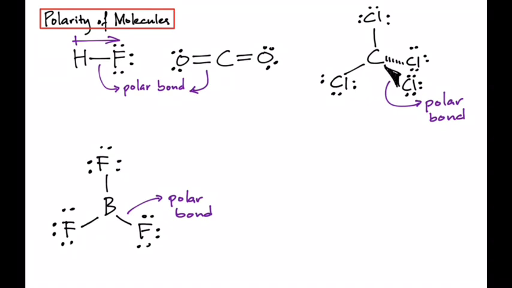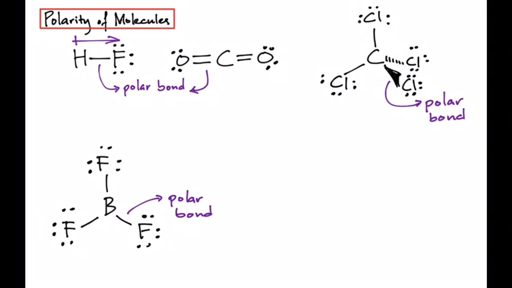And so you're going to draw an arrow with a positive tail here. And this arrow points towards the more electronegative fluorine. And so because this is the overall direction of the polar vector, we have a polar molecule. And so hydrogen fluoride is a polar molecule.